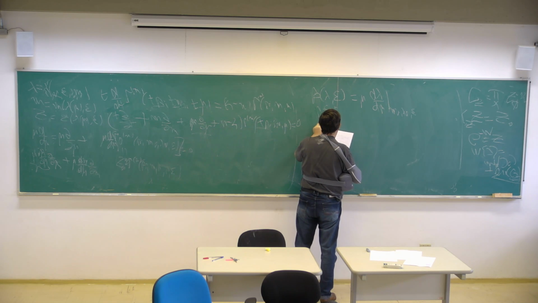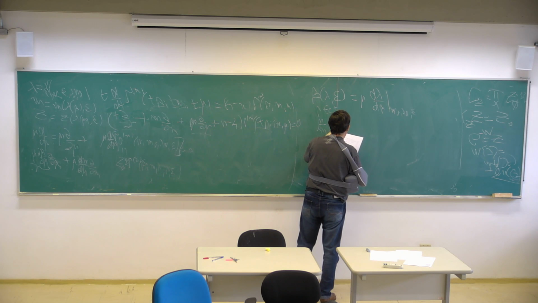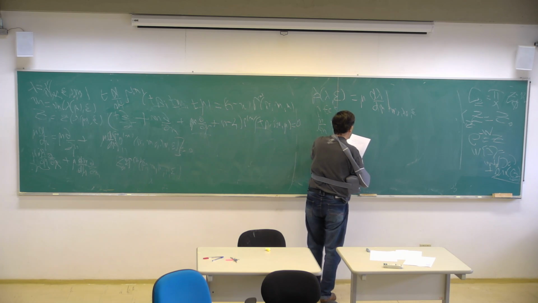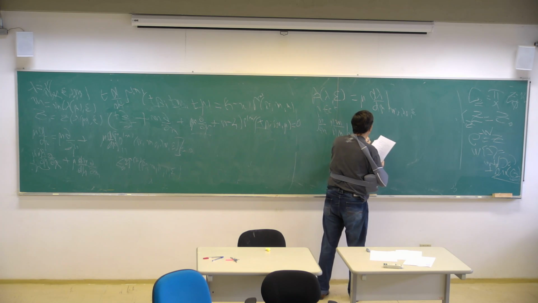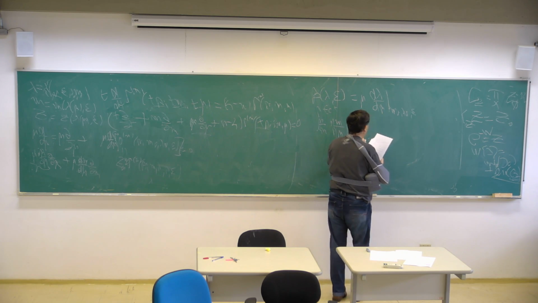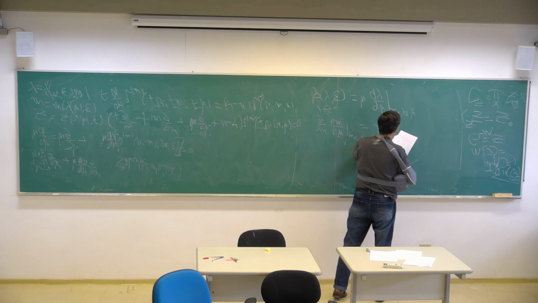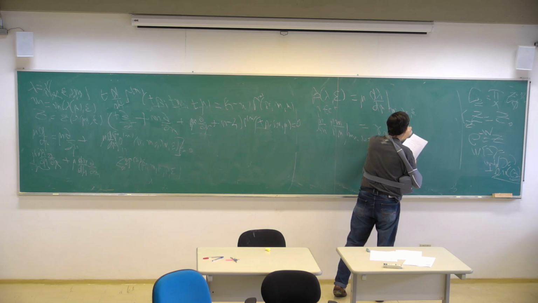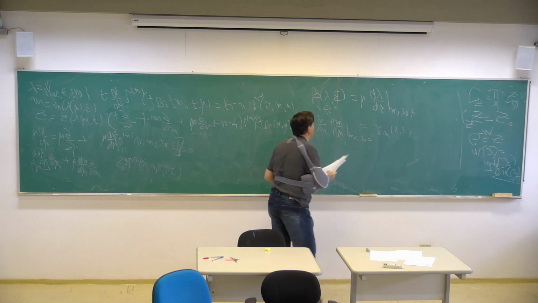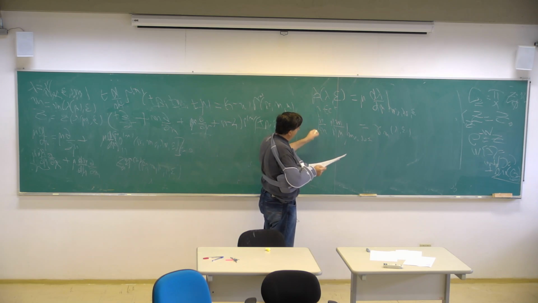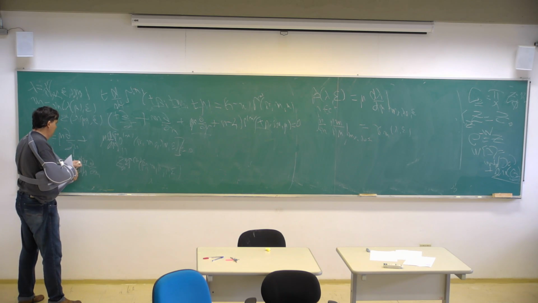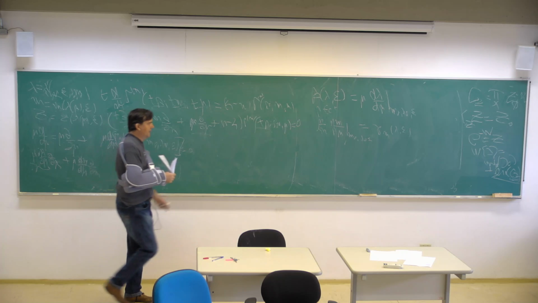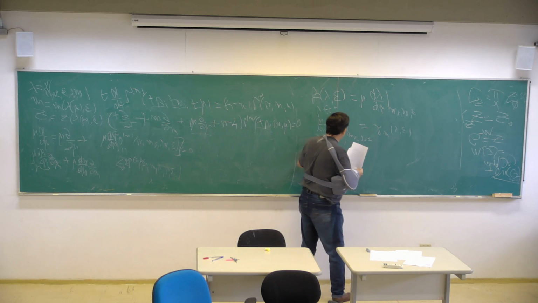Then I have this object dimensionless, so the object that appears in here is mu dm d mu, but this has dimension, so I divide by m.